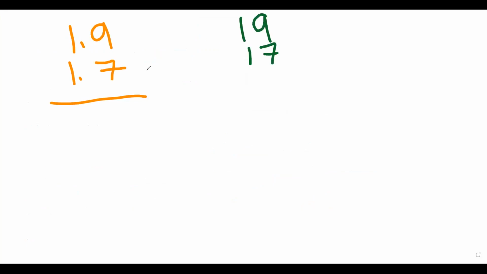So for this example, if you have 1.9 times 1.7, what do you have to do first? You have to first deal with them as whole numbers.